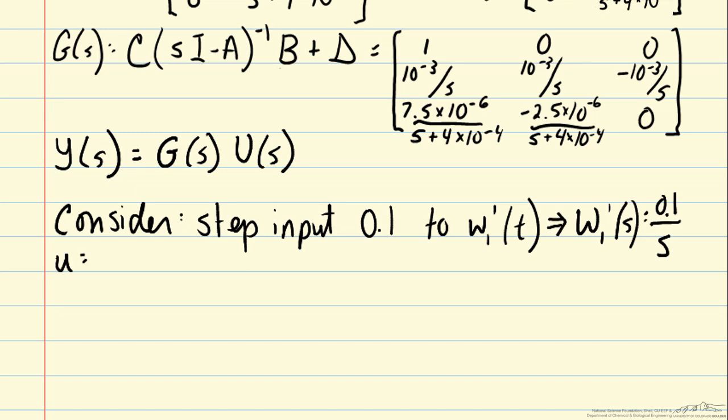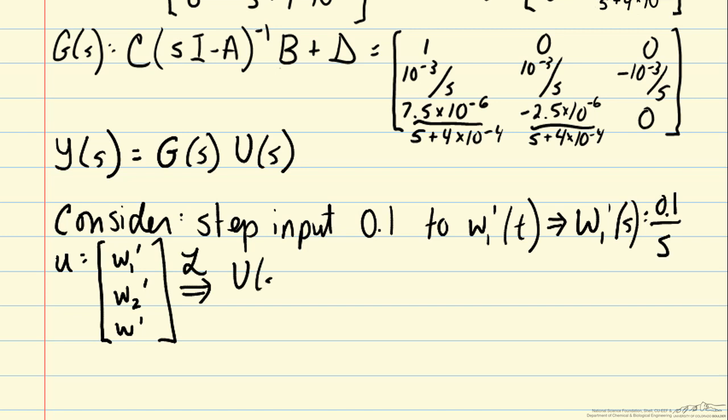So our input u, recall, was W1', W2', and W'. So in the Laplace domain, that is U(s) is 0.1 over s, our W1 term, and then we have 0 deviation in our other two inputs.